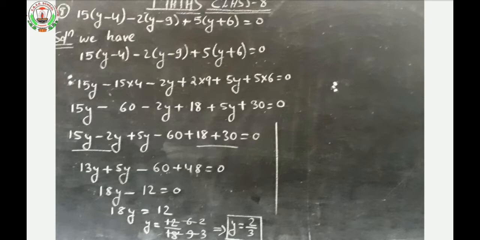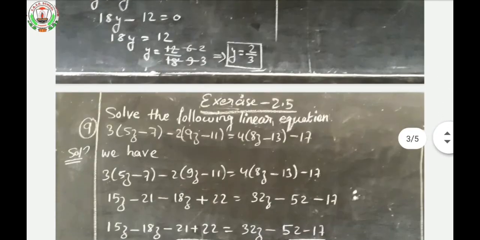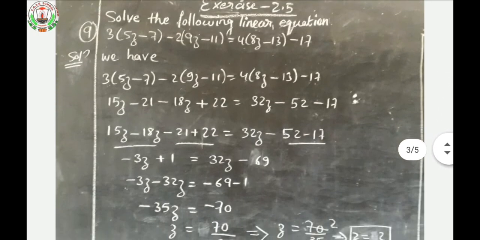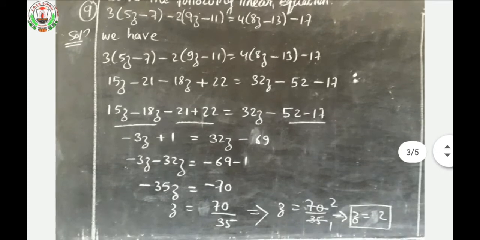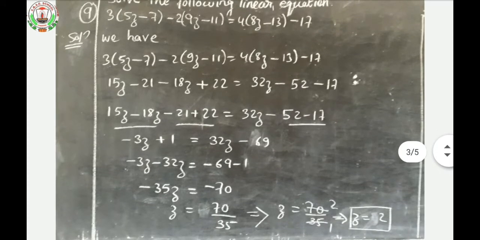Now we are going to see the next question, that is question number 9. What does question number 9 say? That is 3 into 5z minus 7 minus 2 into 9z minus 11 is equal to 4 into 8z minus 13 minus 17.